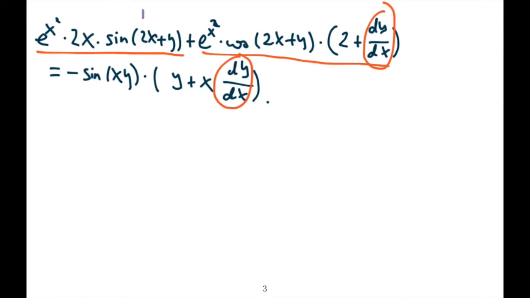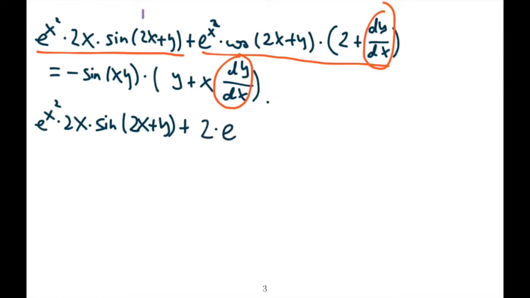If we multiply everything out, we will have e to the x squared times 2x times sine of 2x plus y, plus, I'm going to multiply e to the x squared times cosine of 2x plus y with 2 first.